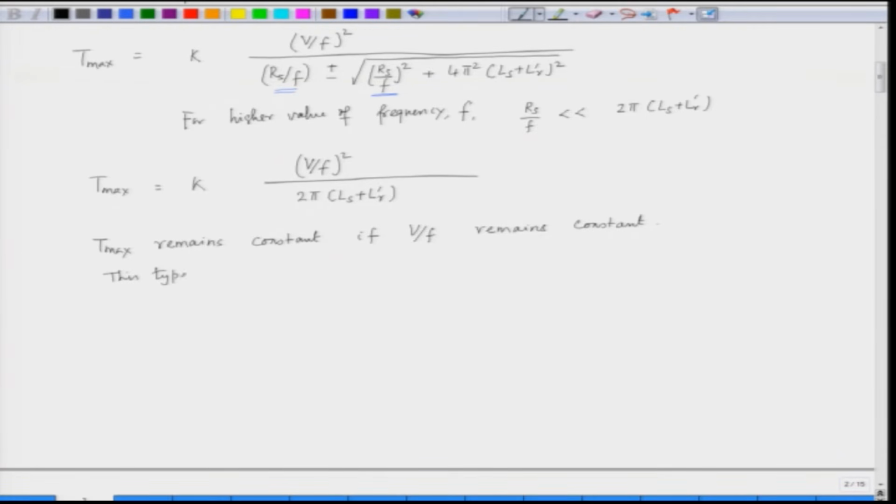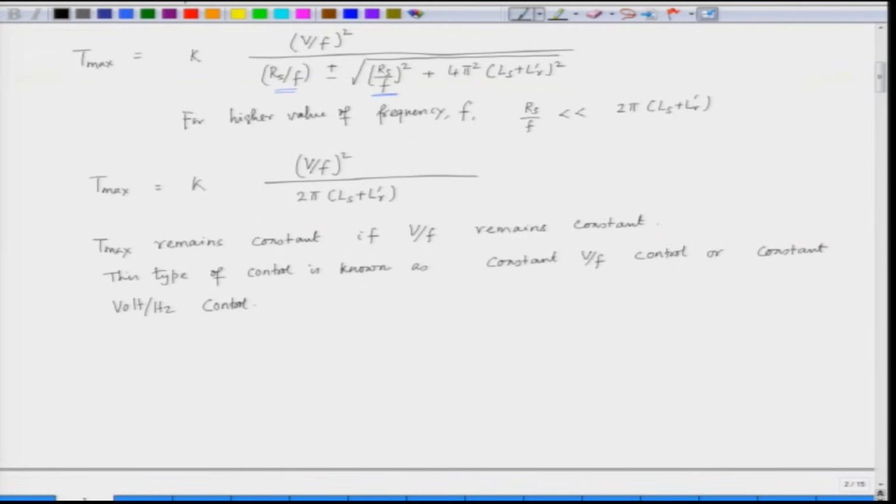This type of control is known as constant V by f control or constant volt per Hertz control.